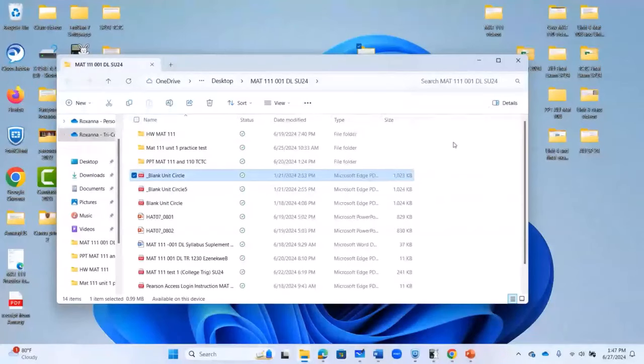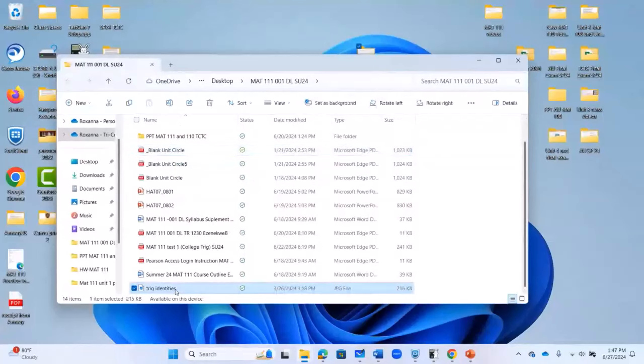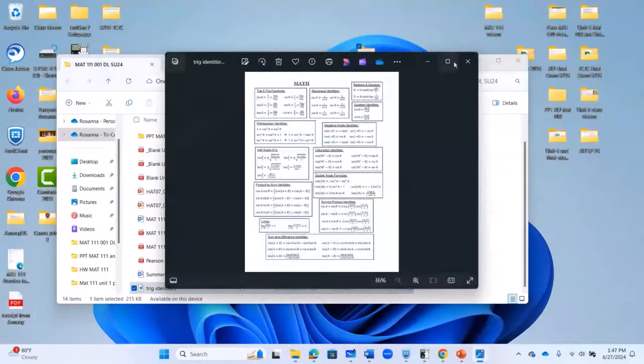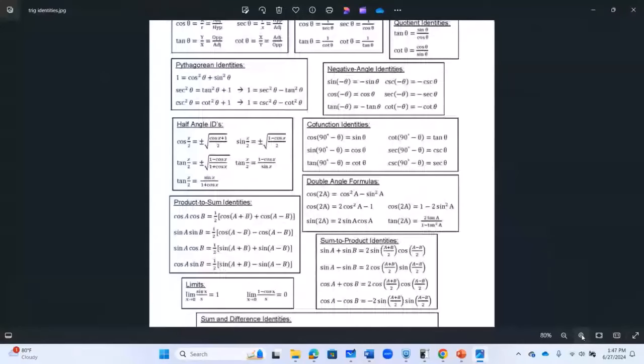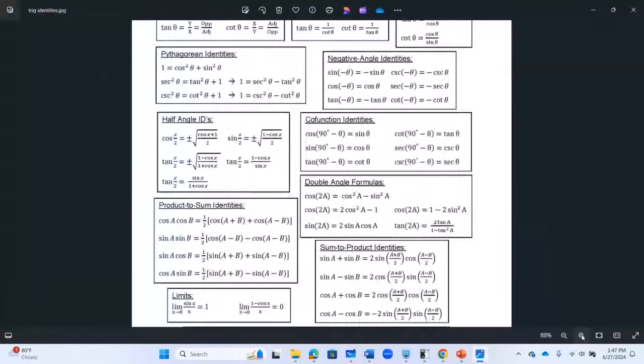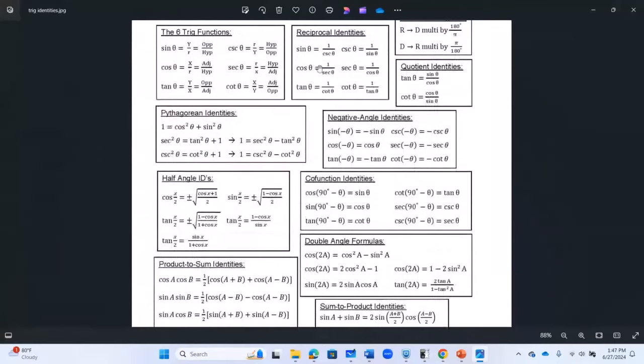So let's go to trig identities. Okay, and then I want to make it big. And I want to show you what we have already talked about. Just know we have talked about all this.